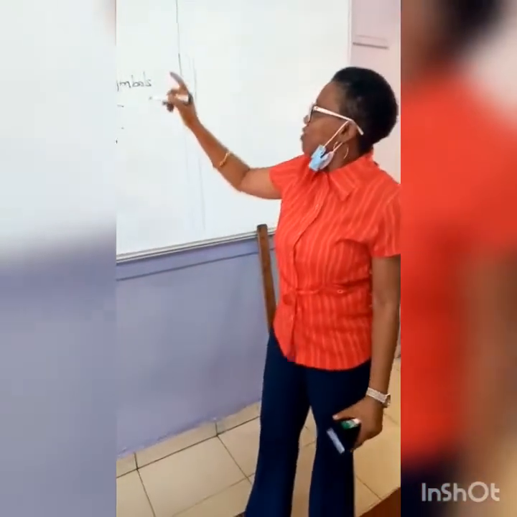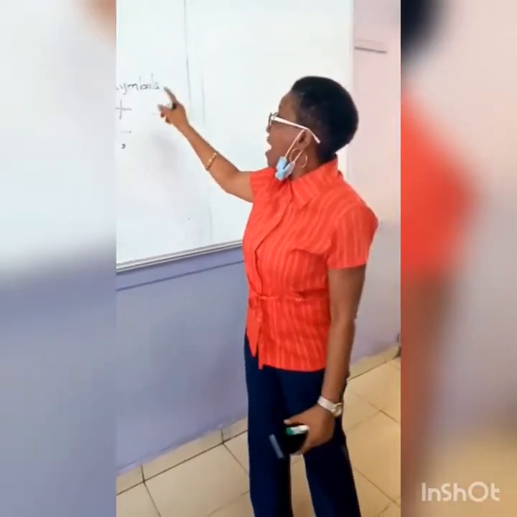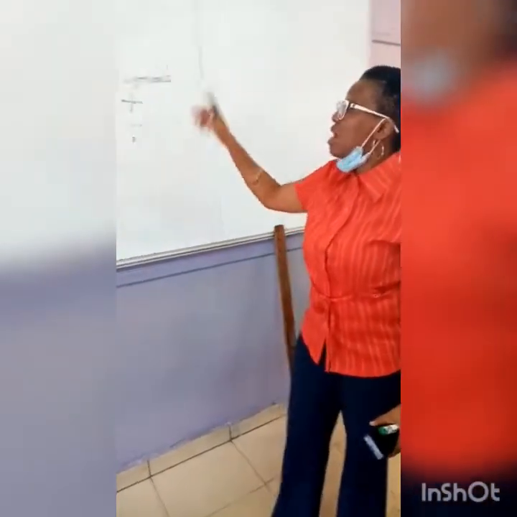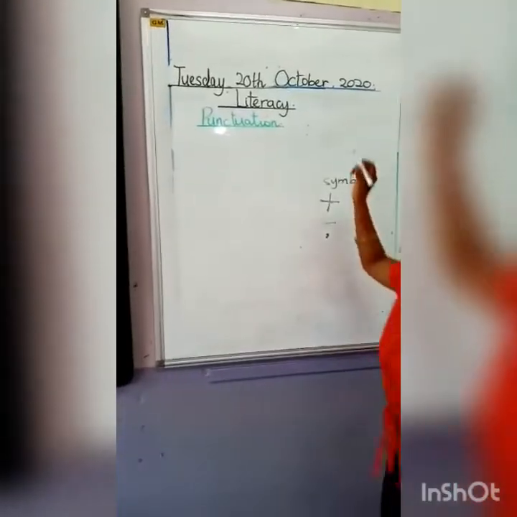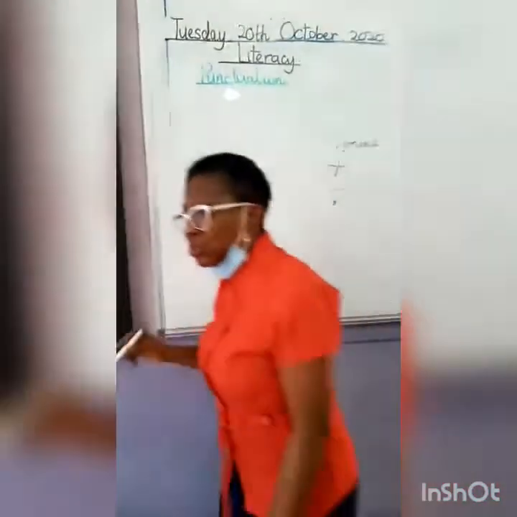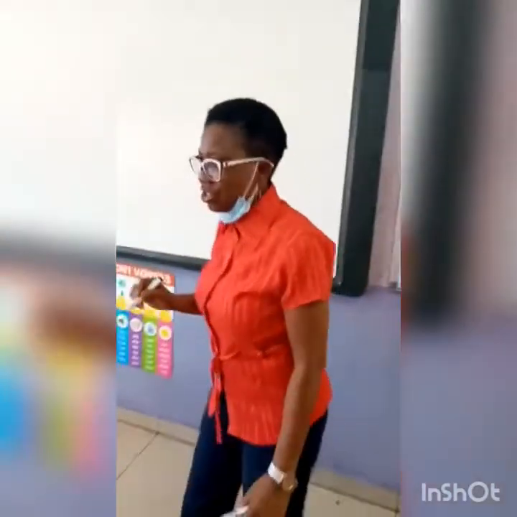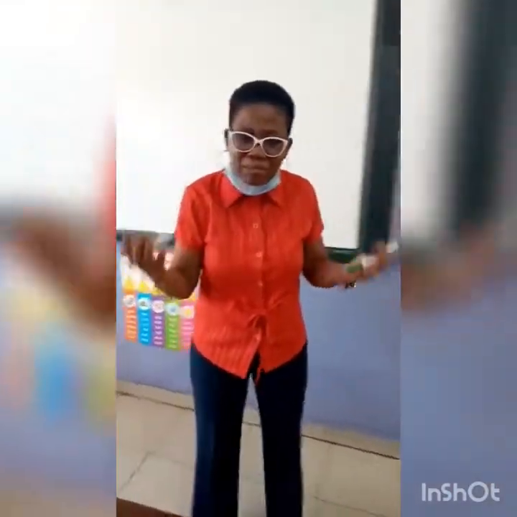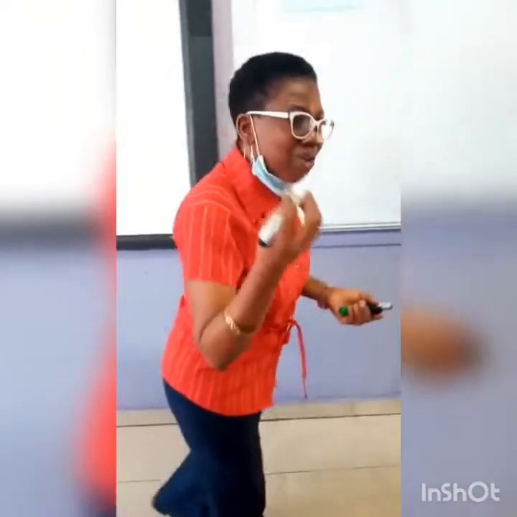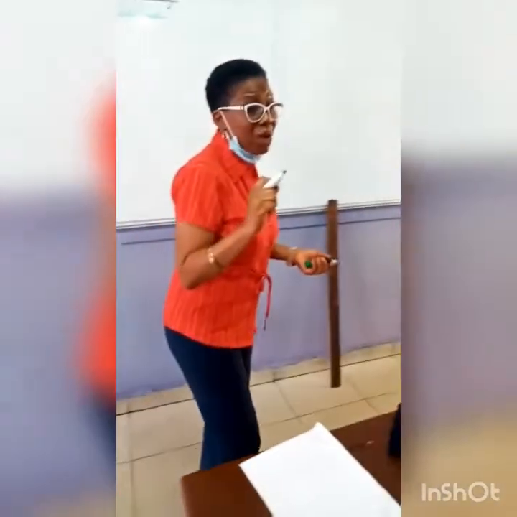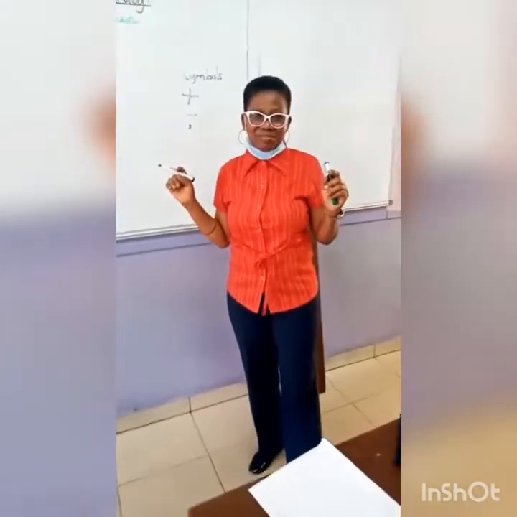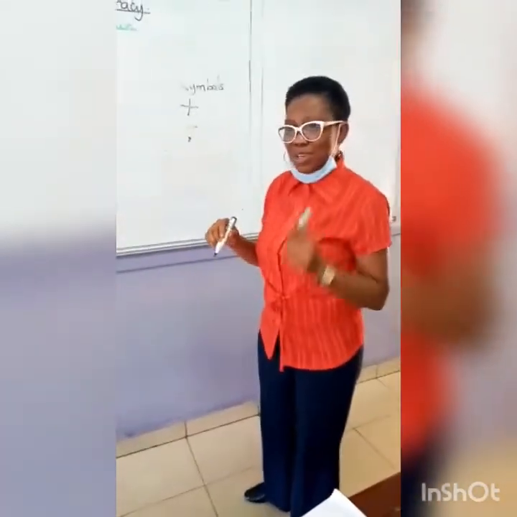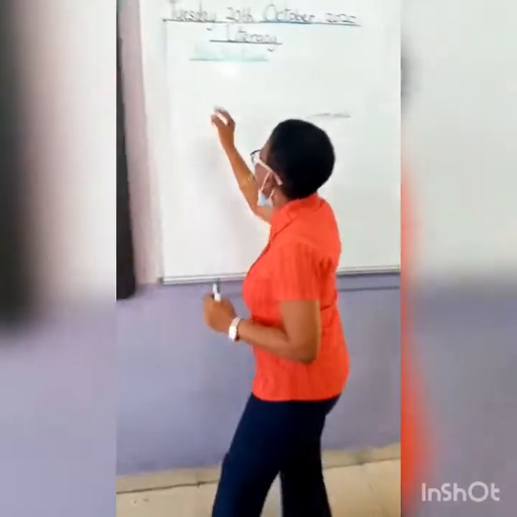We are going to look at one or two of these symbols that we use in the English language, and that's what we call punctuation. Punctuation marks are marks that we use in English language to make our reading better, to make what we write clearer to our readers, and to make our work neater. What are they?